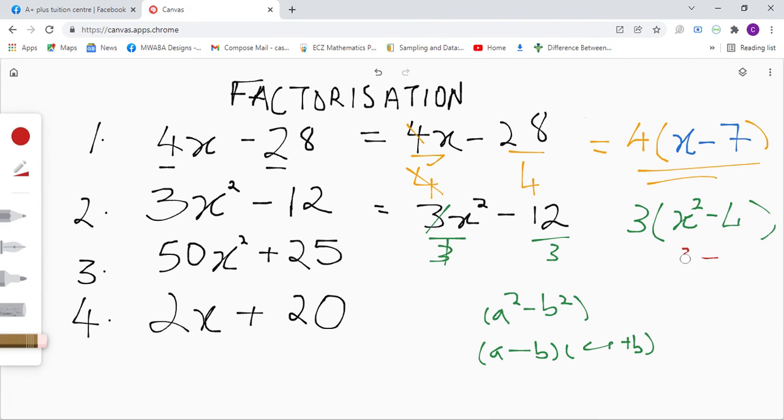So let me illustrate it like this. We'll have 3 times (x squared minus 2 squared). So we're going to have 3 times (x minus 2) times (x plus 2).